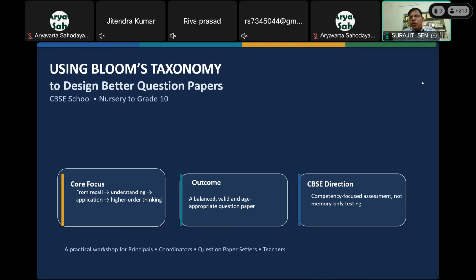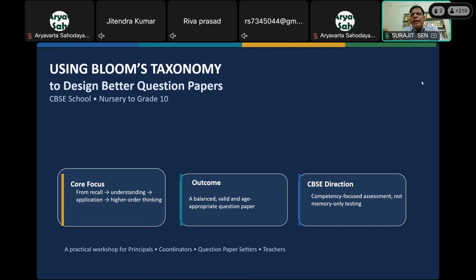Many so-called schools, and even parents, boast that their children can solve questions. If their children are in standard 4, they can solve questions of standard 7 and 8, which is absolutely a wrong concept.